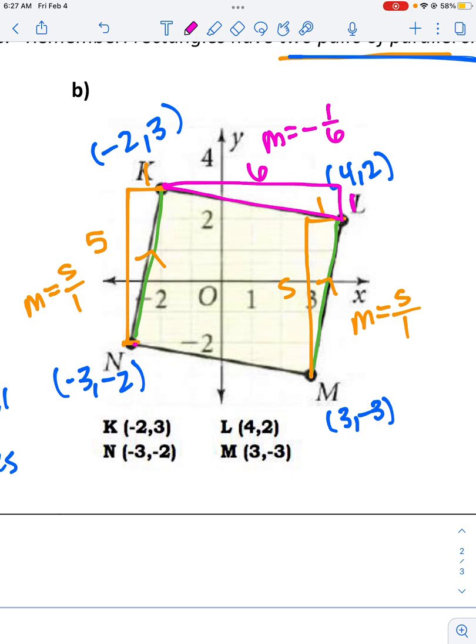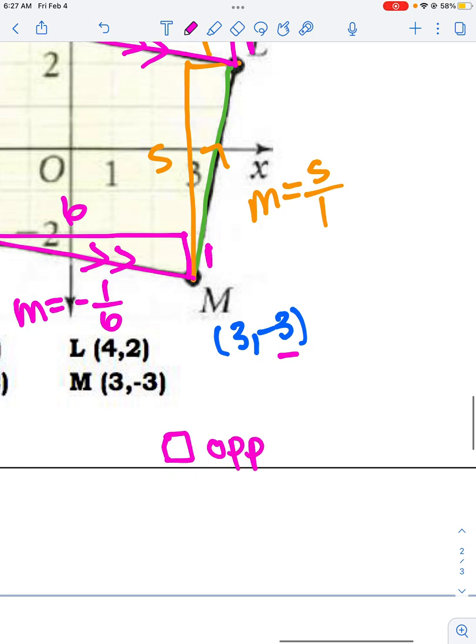And then down here, we're going from -2 to 4, so it's also 6. And then from -3 to -2, that's 1. And this is a negative slope, so -1/6 also, so I know those are parallel as well. So we've met the opposite sides parallel criteria.